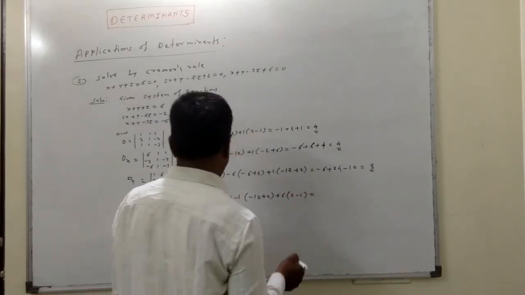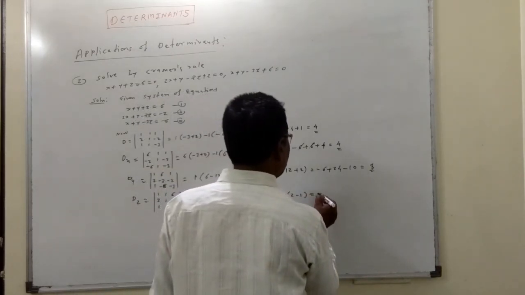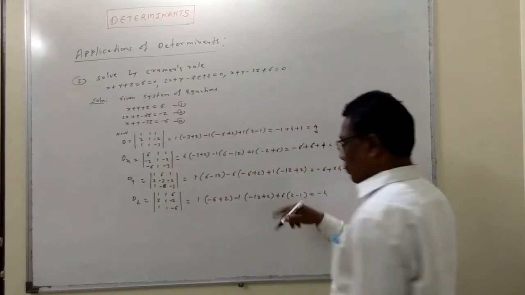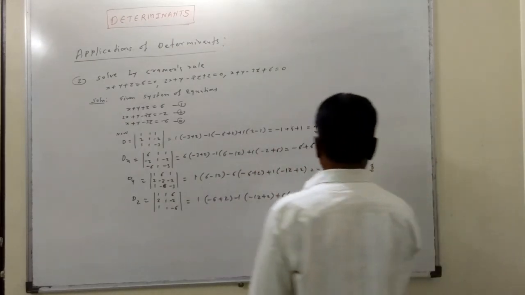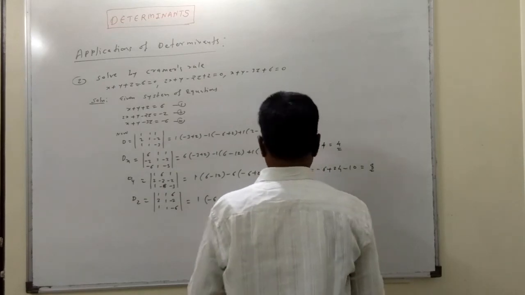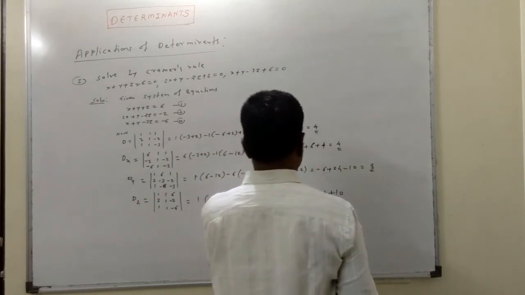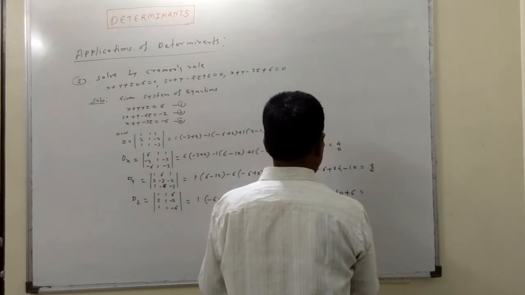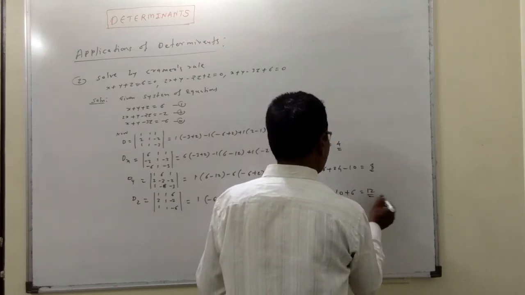So that is minus 6 plus 2 is minus 4 into 1 is minus 4, minus 12 plus 2 is minus 10, minus minus plus 10, 2 minus 1 is 1, so plus 6, so that is equal to 12.